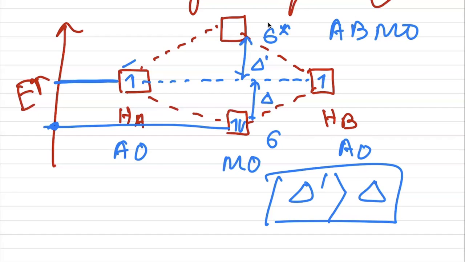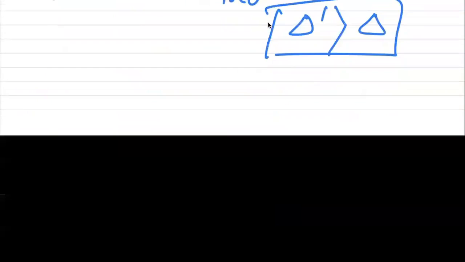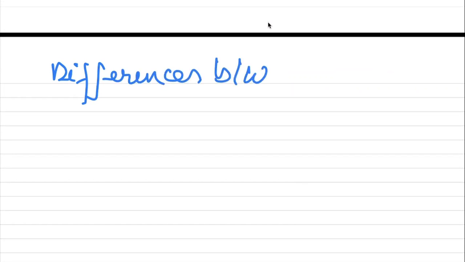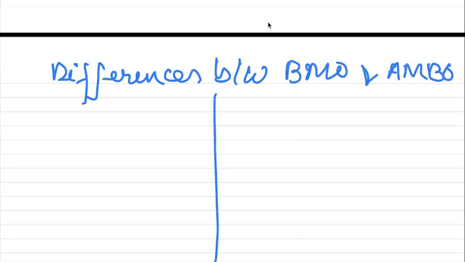Now, the next thing is, you also write it down, the differences between bonding MO and anti-bonding MO. So here is bonding MO, anti-bonding MO.